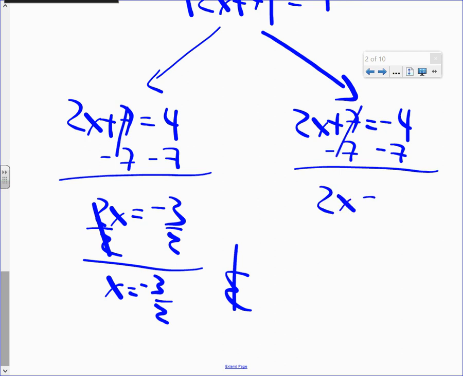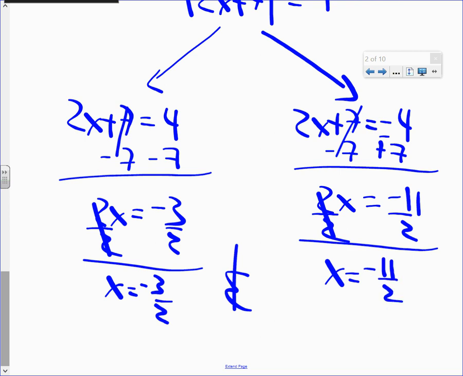I have 2x equaling negative 11. Plus negative goes away. So divide by 2 now. X equals negative 11 halves. We're rock and rolling. What do you guys think?